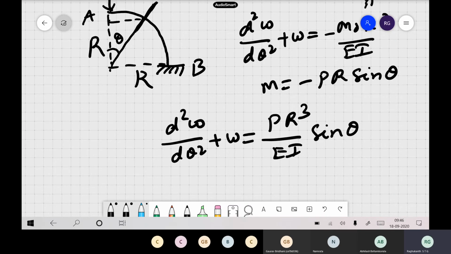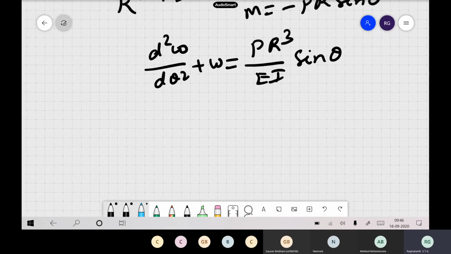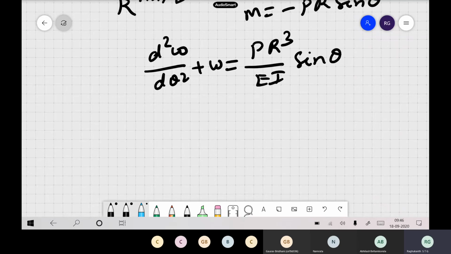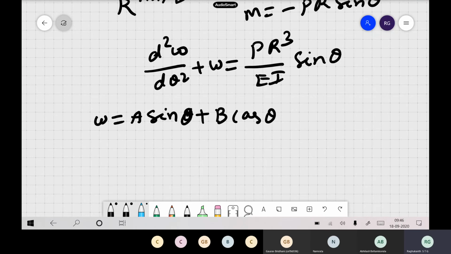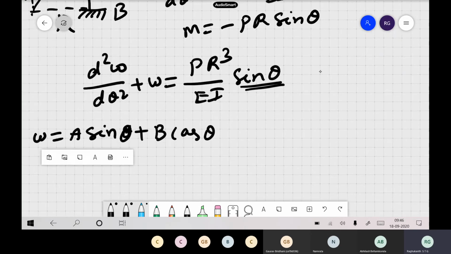Here also you have a particular integral and a complementary part. You can write the solution as A sine theta plus B cos theta. Now what will be the particular integral here? The problem is that you have sine theta on the right side too. Generally for this type of problem, you assume the particular integral as some constant into theta cos theta.